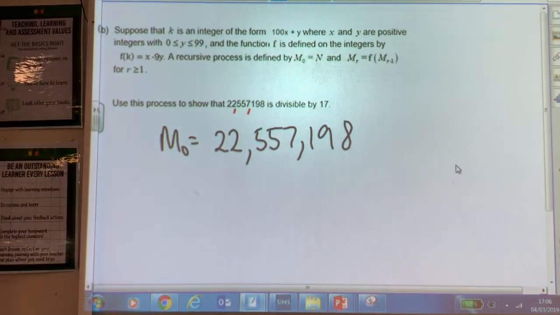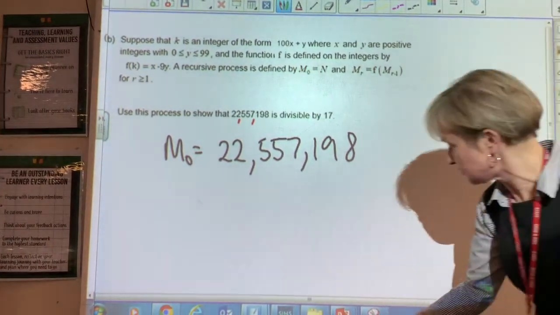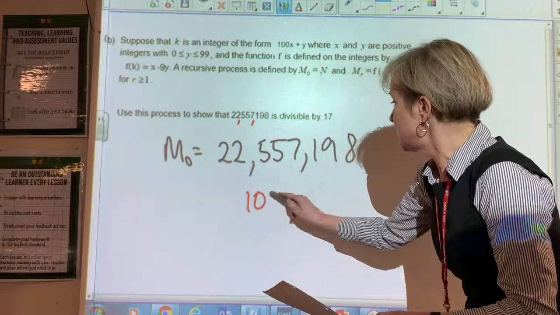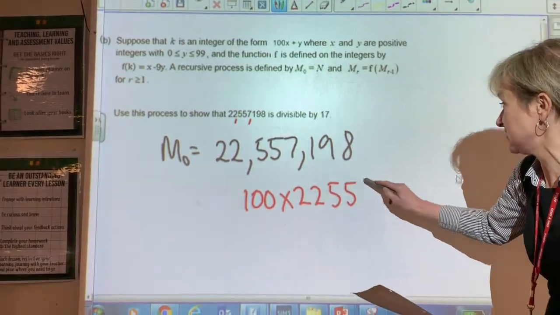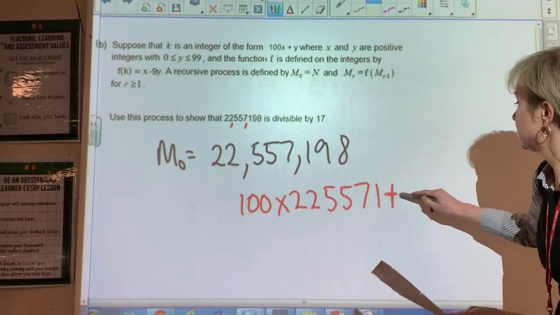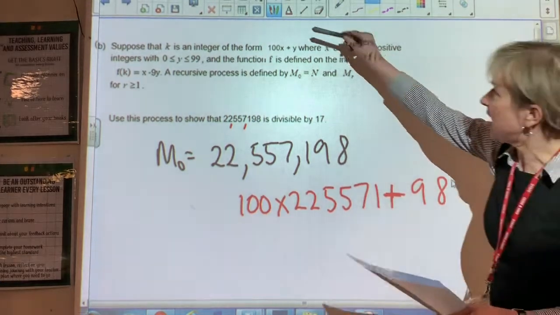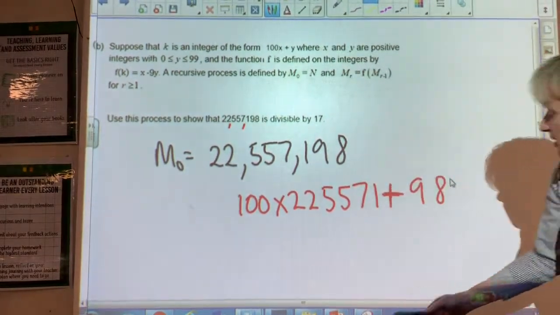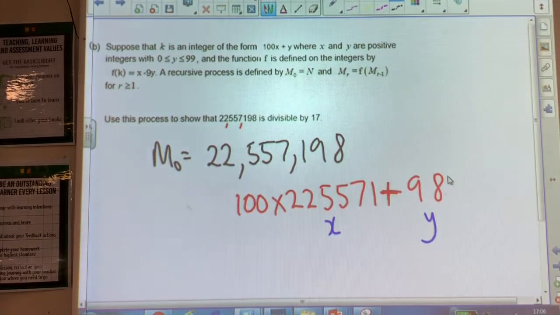So your first value, we're going to show divisibility of 22,557,198, and that is wanting you to write that in the form of 100 times something. So that's going to be 100 times 225571 plus 98. So you can see you have written that in the form where y lies between 0 and 99, and there's your x value.